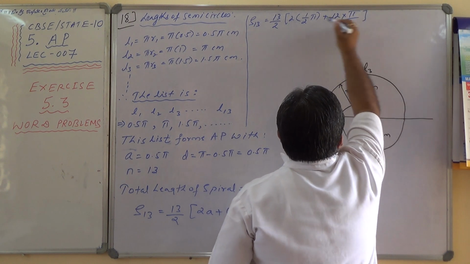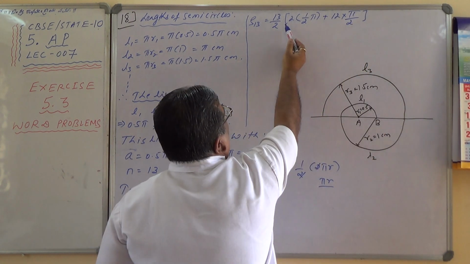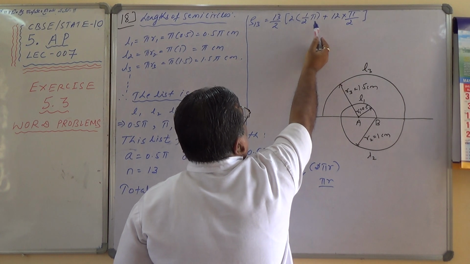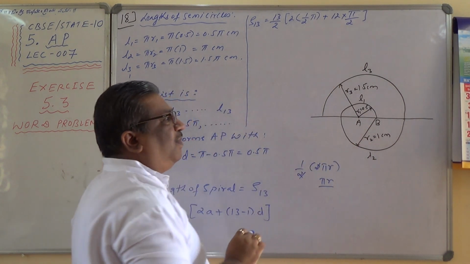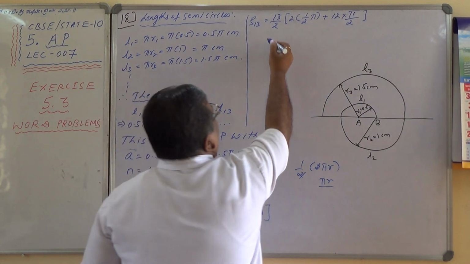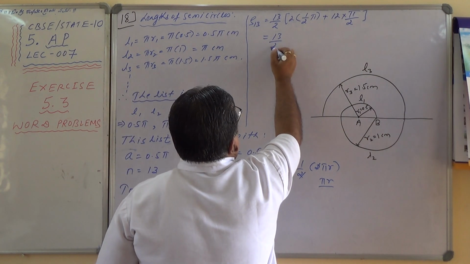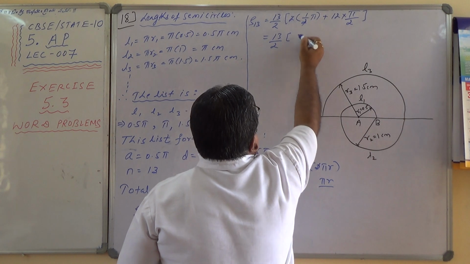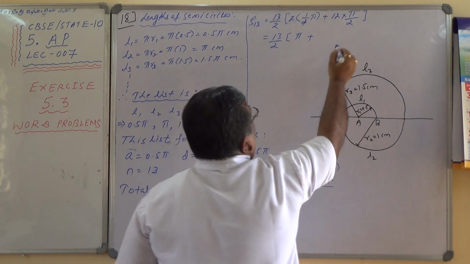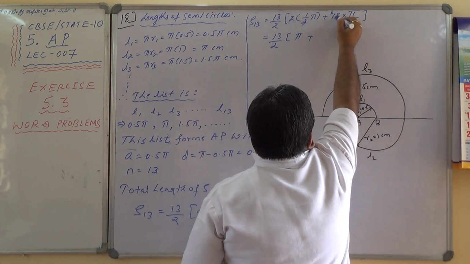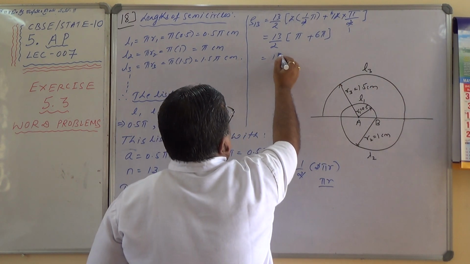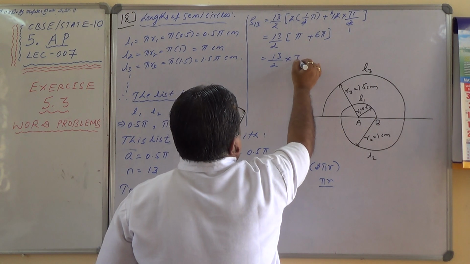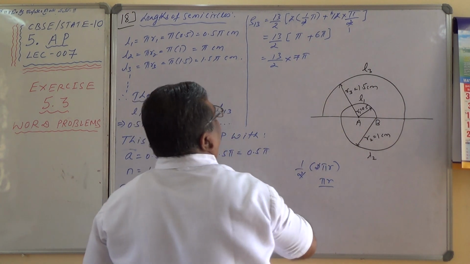I hope you understood how I obtained this. 2A is 2 times 0.5 plus 12D is 12 times 0.5, with 0.5 replaced by half, which equals 13 by 2 into bracket, 2 cancels, pi plus 6 pi. That is 13 by 2 into 7 pi.